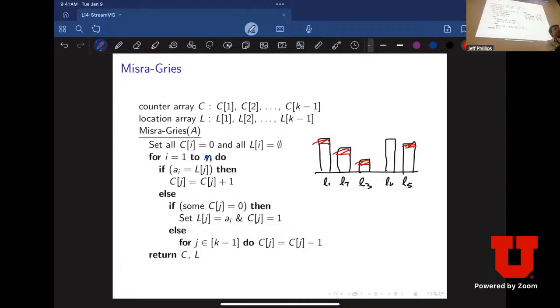Oh, if you find a matching label, you don't do the decrement. Because I know that I've seen something and I've seen it again, so I should increase the counter. I only introduce error when I've decremented a label.